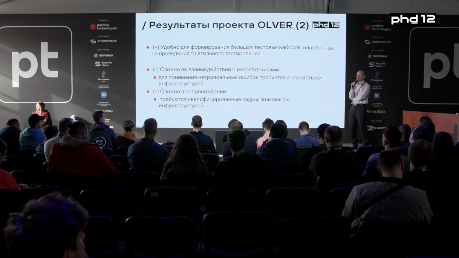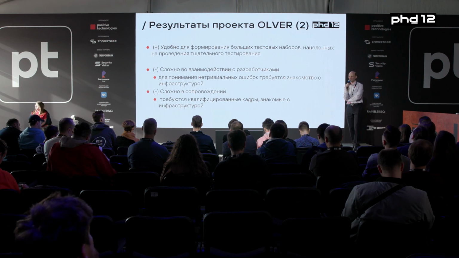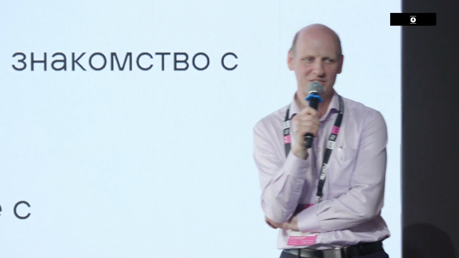If it's one call that crashes, then it's okay. But if there's a long chain that has to be followed to understand what the problem is, it takes investigation into the testing system, and not all developers can really work with it. So it's not as straightforward as with simpler tests.